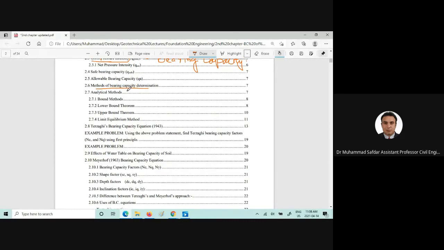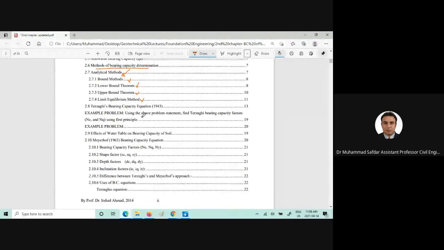For example, analytical methods, that we will make few assumptions, and based upon these assumptions, we will come up with the bounds methods, where we will have a lower bound theorem, we will discuss upper bound theorem, and we will also discuss the limit equilibrium method, which we already touched a little bit on the limit equilibrium, and in fact in detail in the landslide slope stability chapter in Geotech 2.